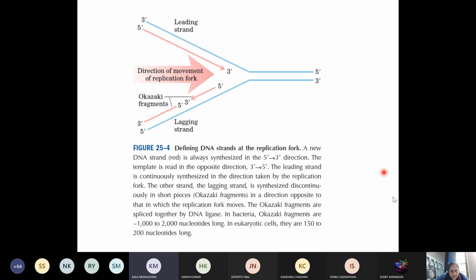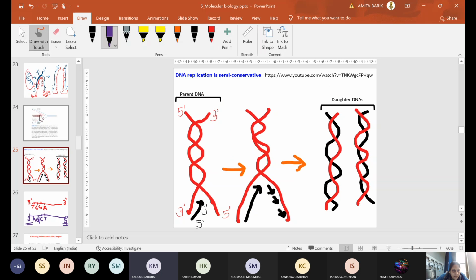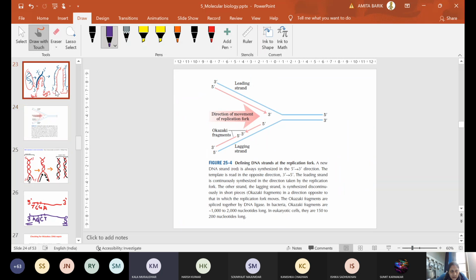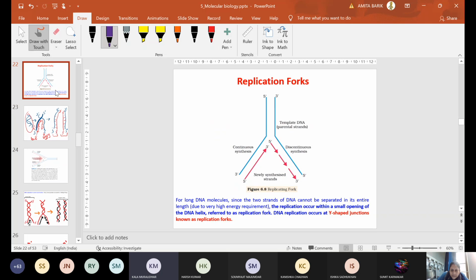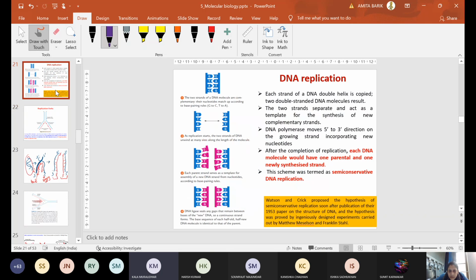In the lagging strand, is DNA polymerase working or not? Yes, it is working, bringing up the nucleotides. What is DNA polymerase doing?